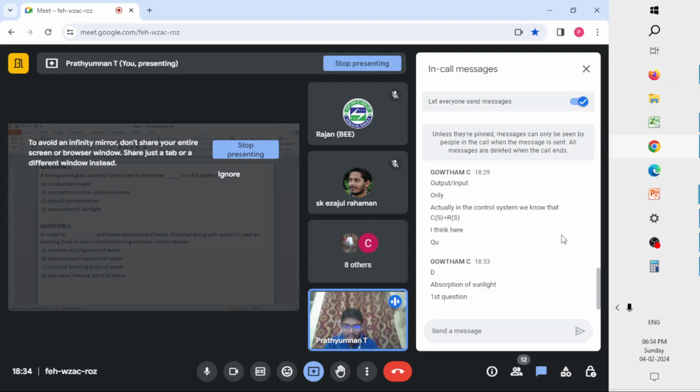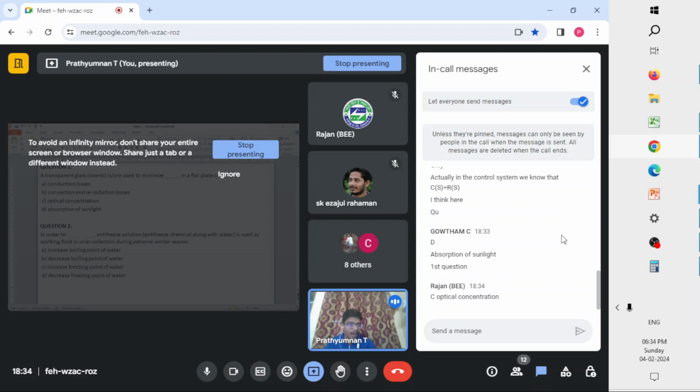According to you, it will become like we are minimizing the absorption of sunlight, so we won't be able to harness the total amount of sunlight that we have. That will be detrimental to our system. So Rajan has told optical concentration.